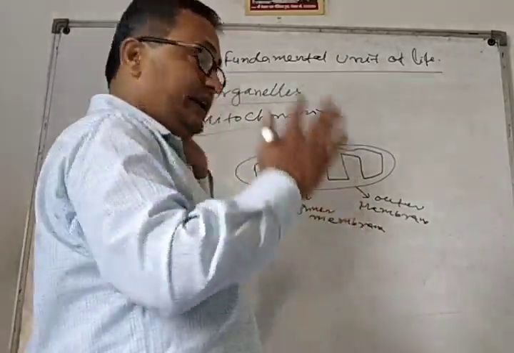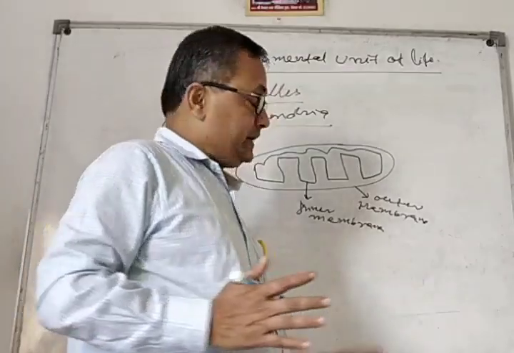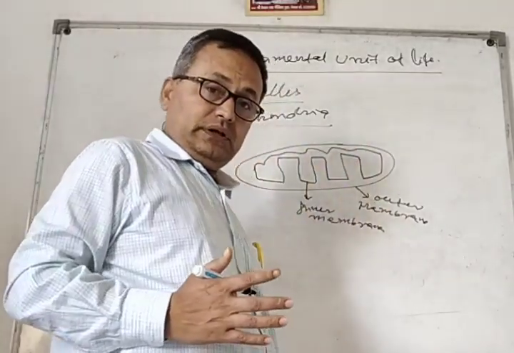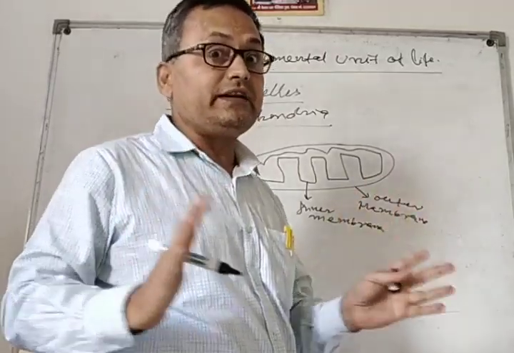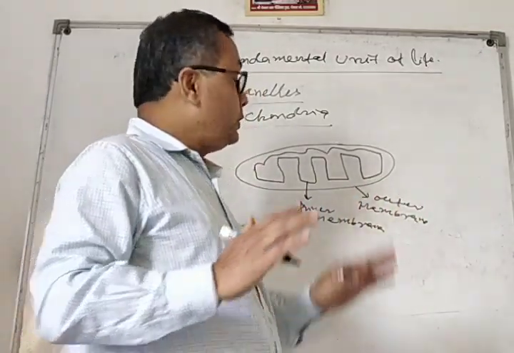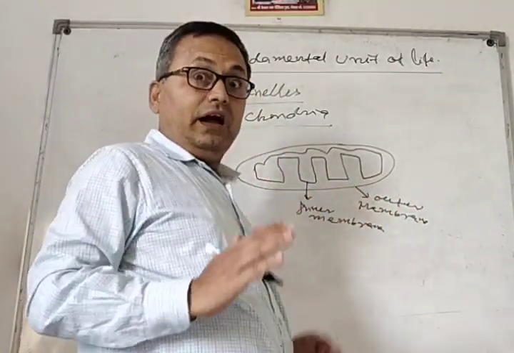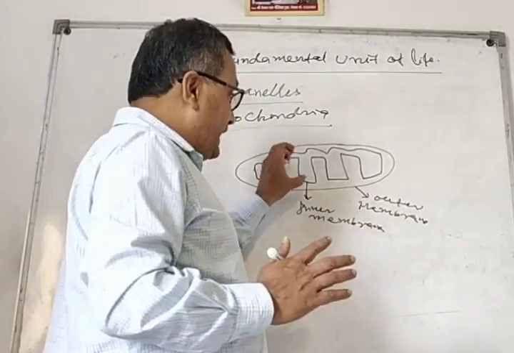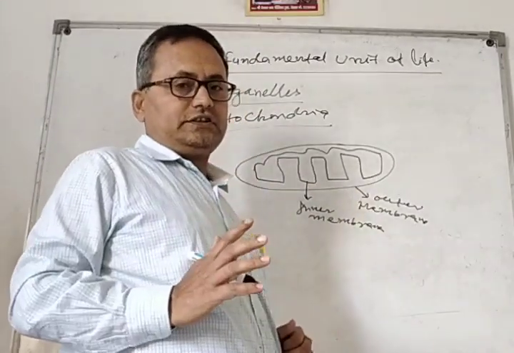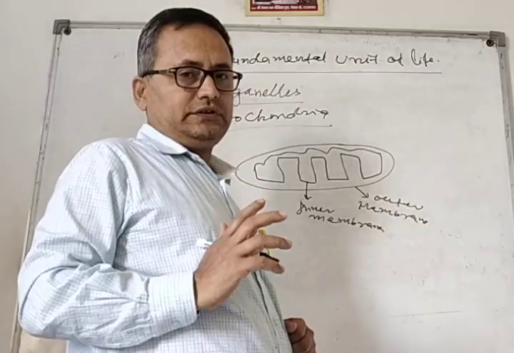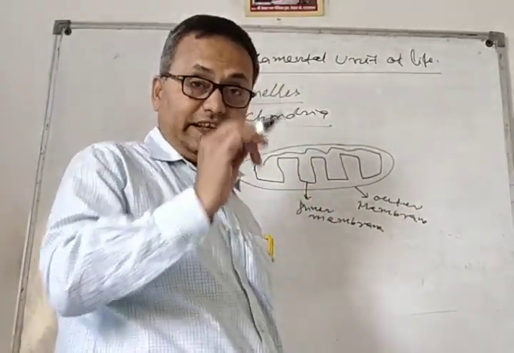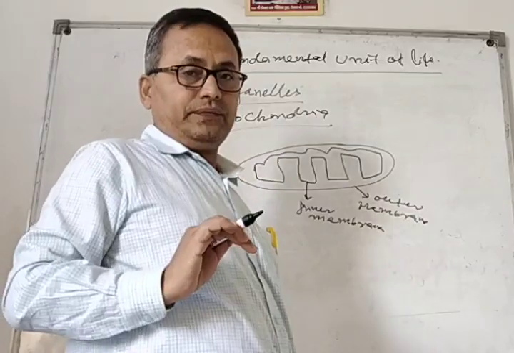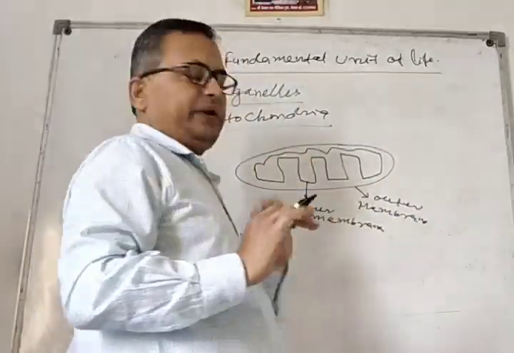It is present in large numbers, and it has its own genetic material, its own DNA, RNA, and also ribosomes. Its DNA is present in a circular form.